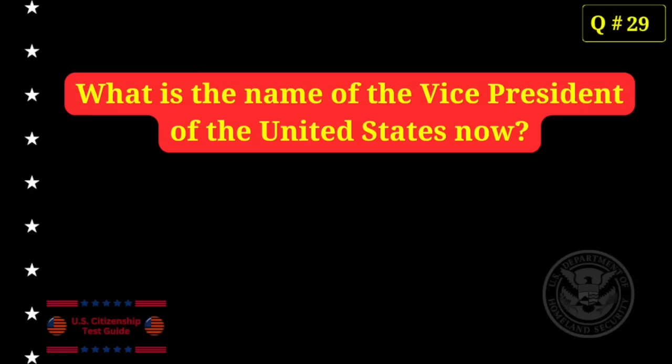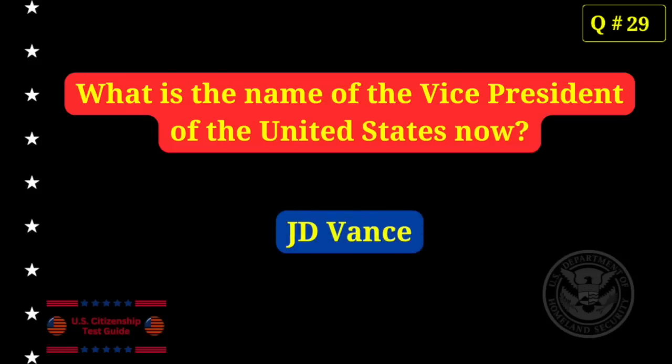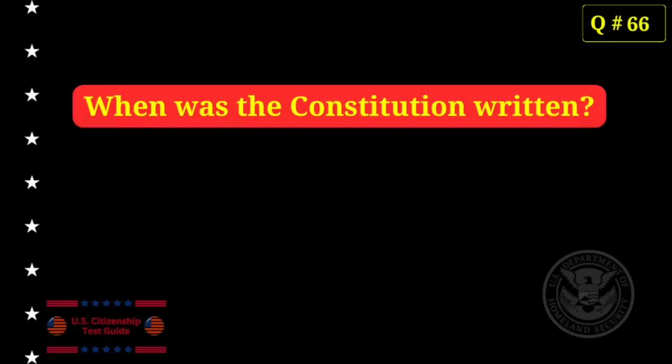What is the name of the Vice President of the United States now? J.D. Vance. When was the Constitution written? 1787.